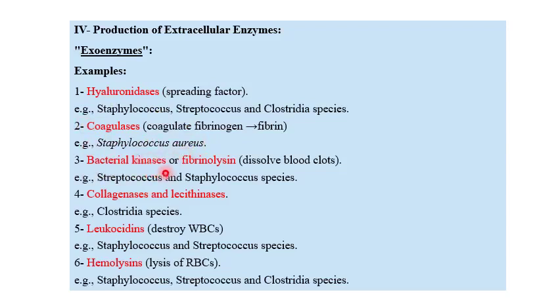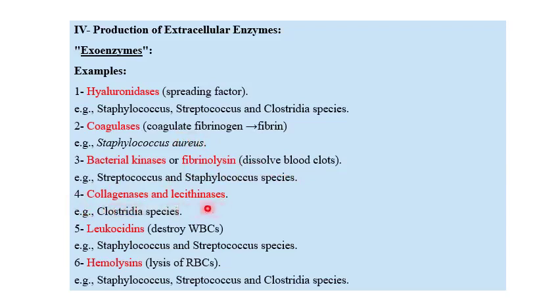Bacterial kinases or fibrinolysins, sometimes we call them kinases and sometimes fibrinolysins, dissolve blood clots. They are also produced by Streptococcus and Staphylococcus species. The mechanism here is reversing the action of the coagulase. Coagulase forms the fibrin, but fibrinolysins dissolve this fibrin.